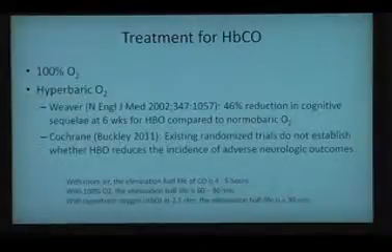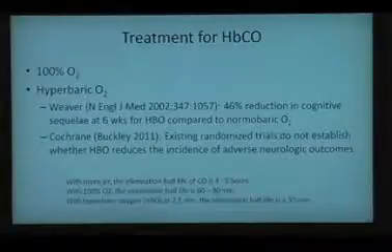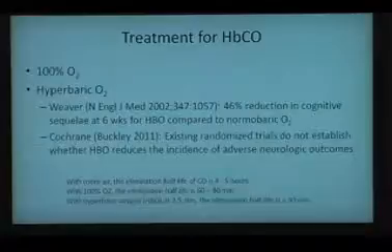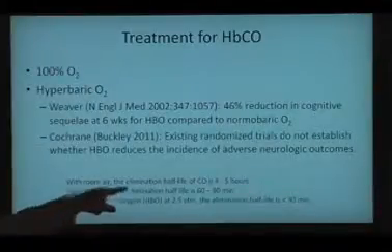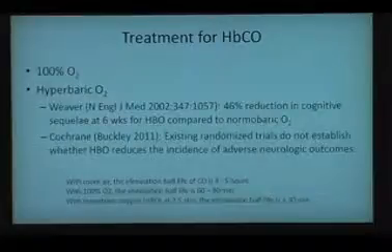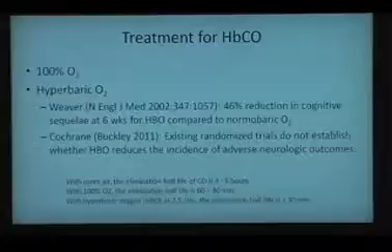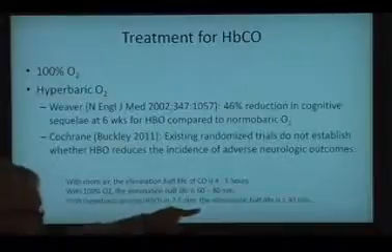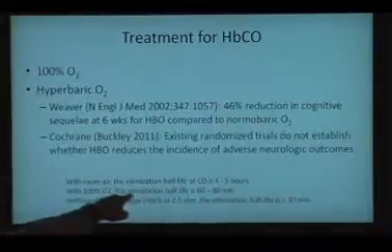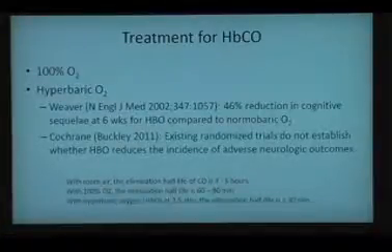So treatment for carboxyhemoglobin is, of course, 100% oxygen. With 100% oxygen, the elimination half-life is only about an hour, as compared to breathing air, which is around 4 or 5 hours. And as we have all been taught, use of hyperbaric oxygen clears CO from the bloodstream much more quickly than normobaric 100% oxygen.